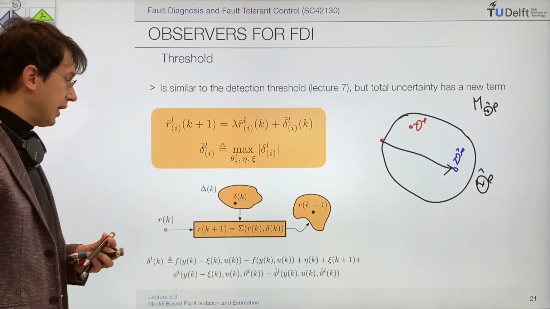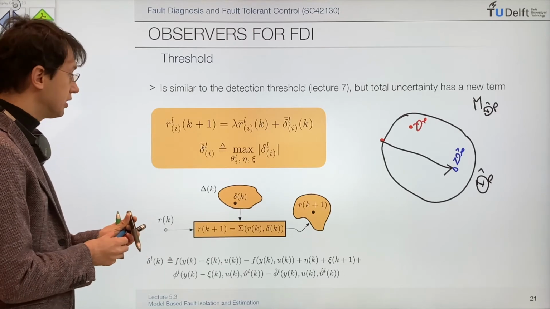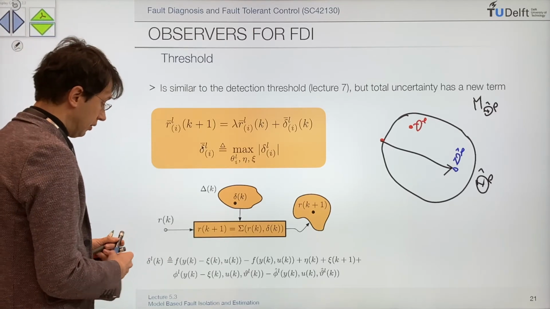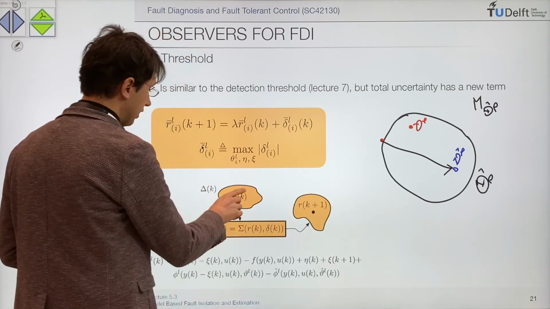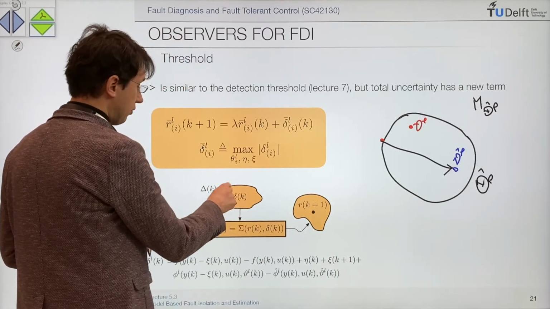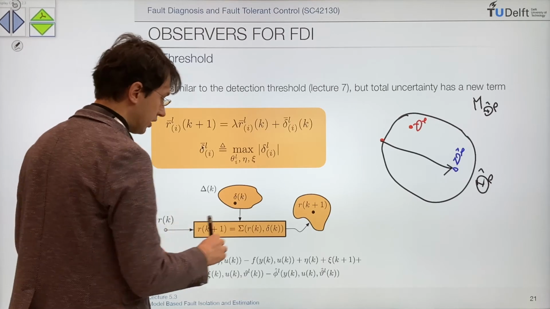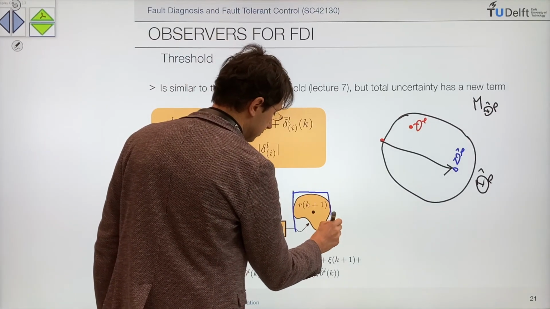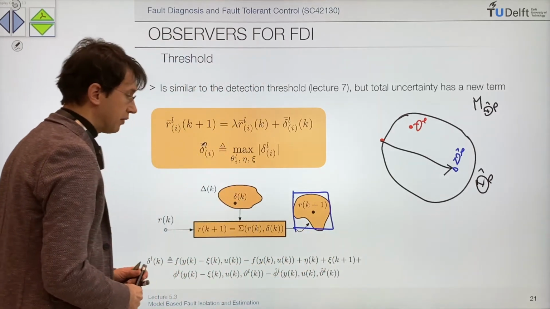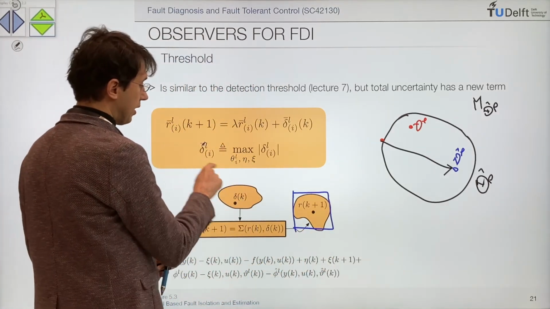And then what we get is a threshold computed the usual way. So we have our residual going through this mapping. So we have all the uncertainties occurring here. So we get a set, and the threshold is equivalent to having a rectangle bounding this. Because, as we said, we compute the threshold component by component.